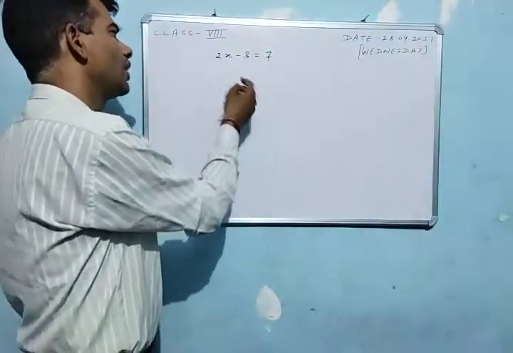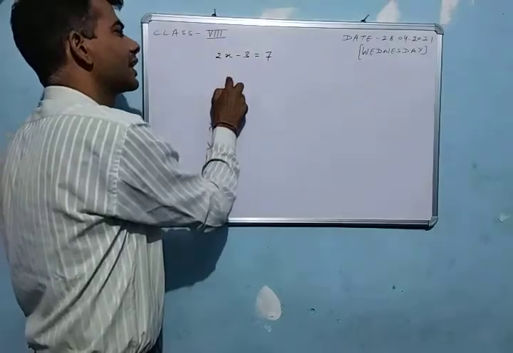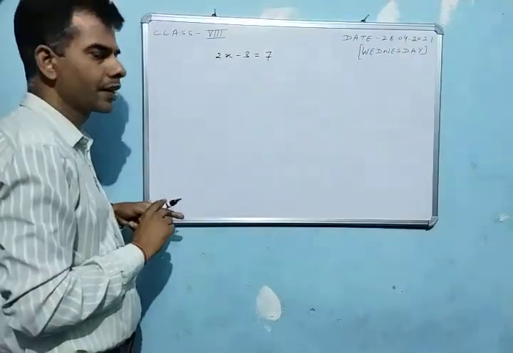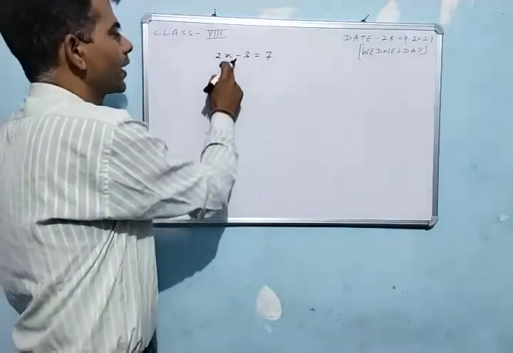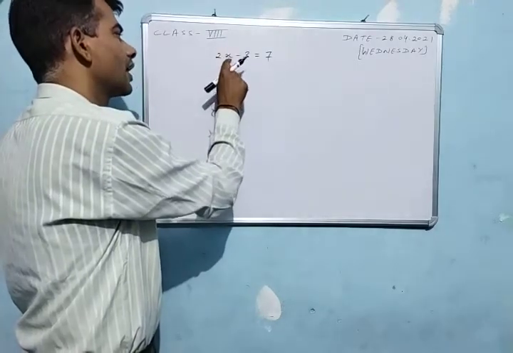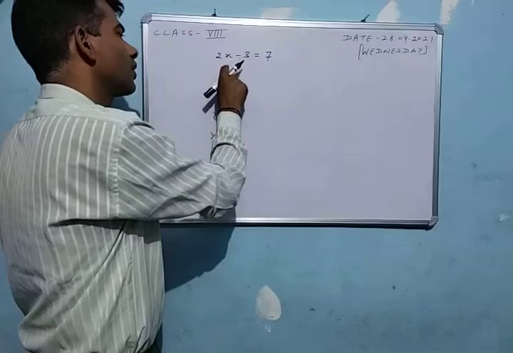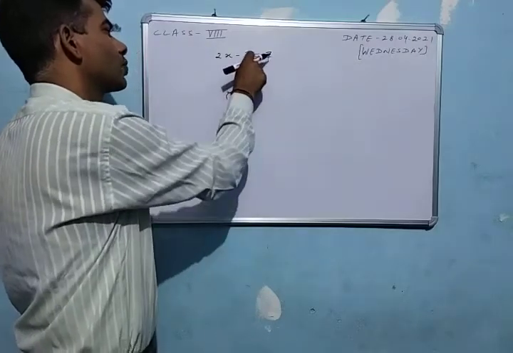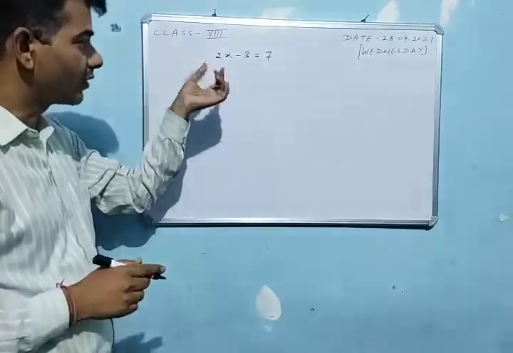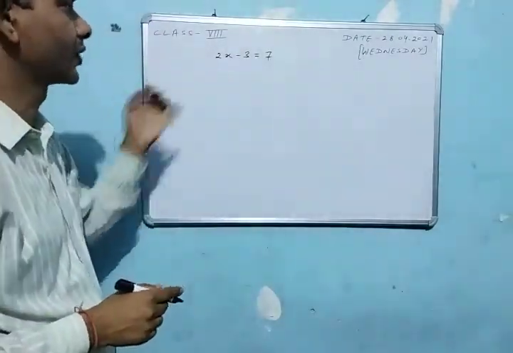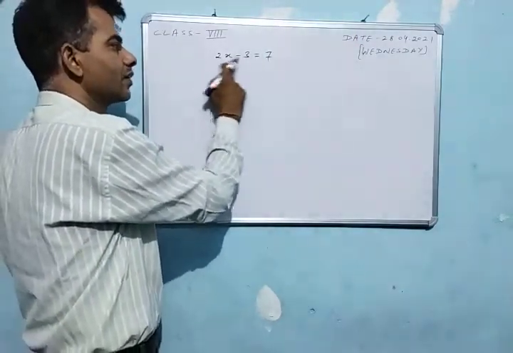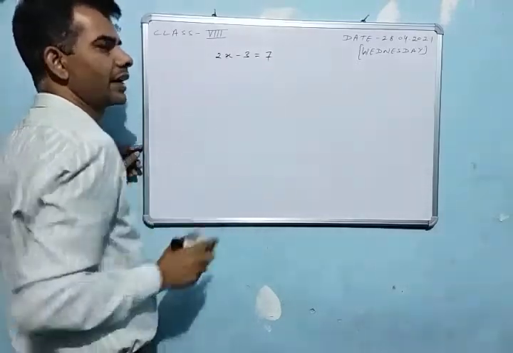Students, put a value of x such that your left hand side is equal to right hand side. स्टूडेंट हमें x की ऐसी वैल्यू फाइंड आउट करनी है कि अगर लेफ्ट हैंड साइड को सोल्व करते हैं तो राइट हैंड साइड के इक्वल होना चाहिए. We have to put the value of x such that if we solve this, left hand side should be equal to right hand side.